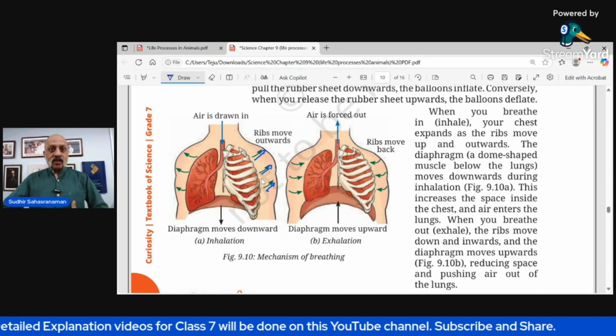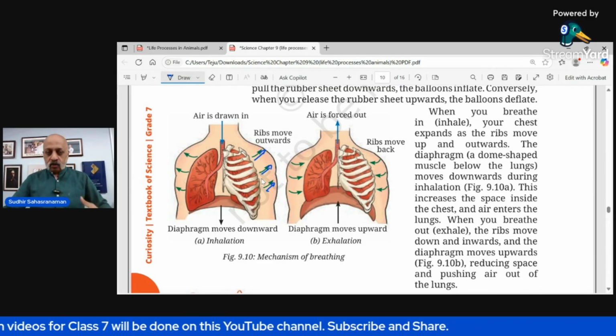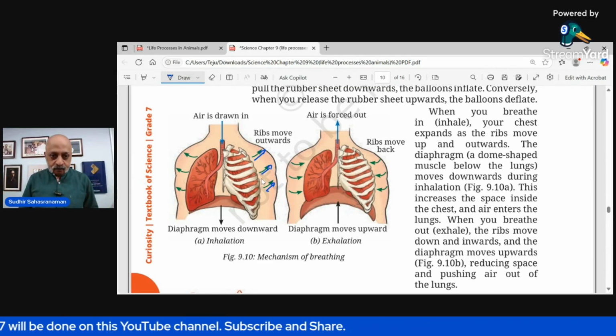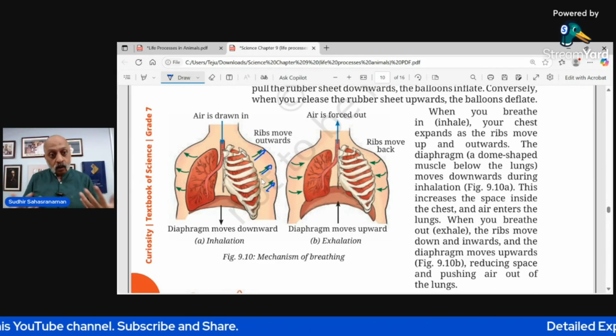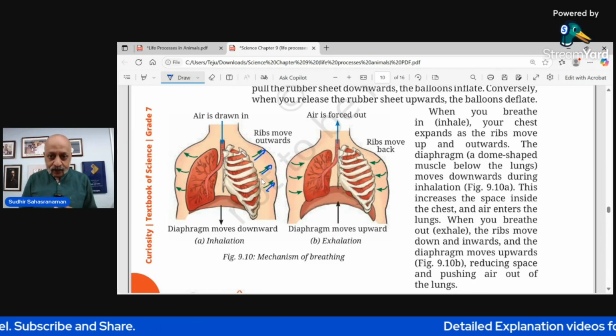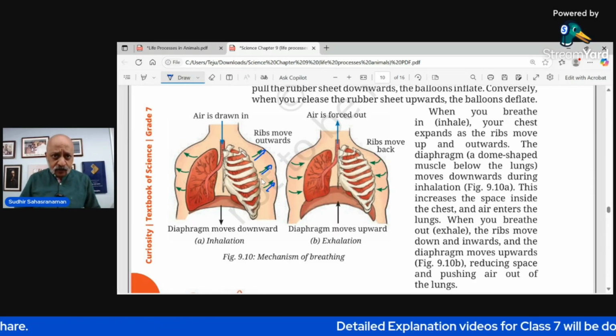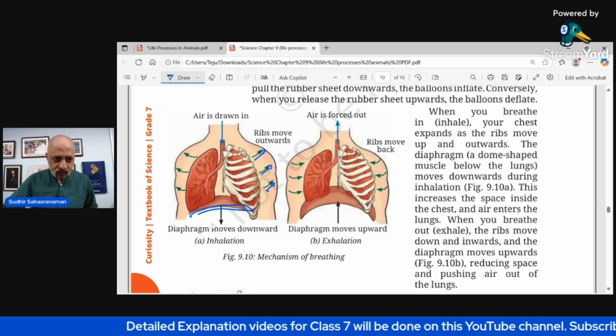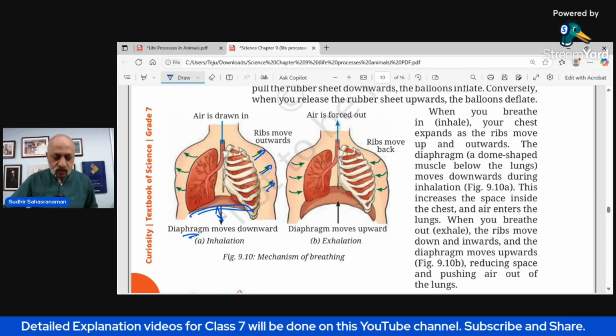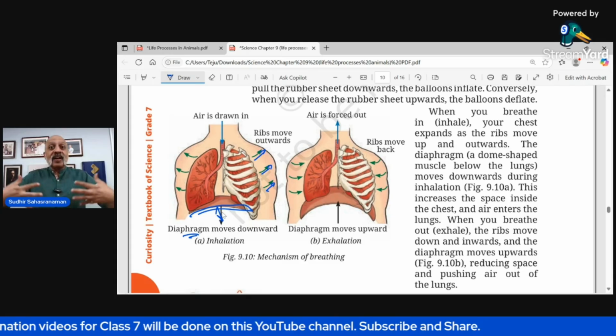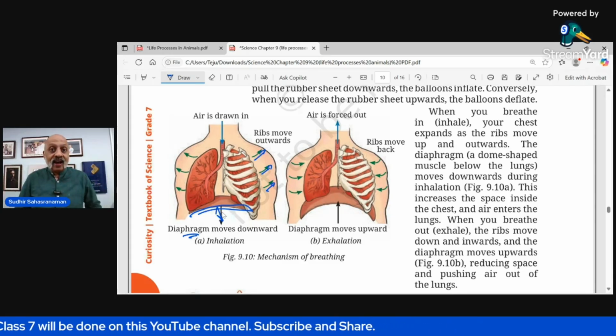So the chest looks expanded, right? Both lungs, not just one lung, both lungs are expanded. And the diaphragm, which is the portion below out here, moves downwards. So it is creating more space within the entire chest area for the lungs to expand.